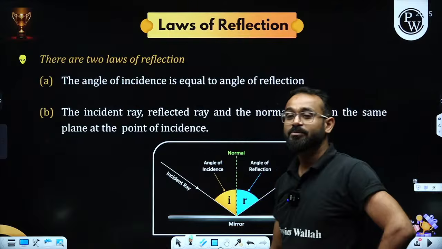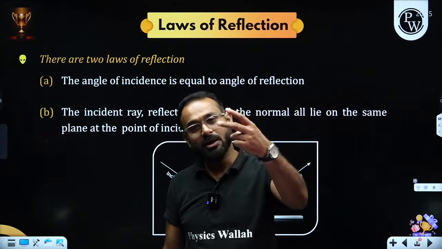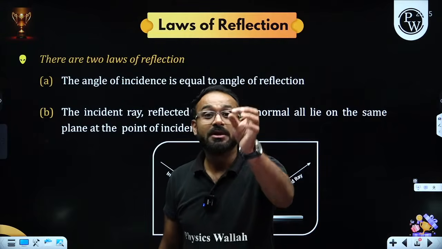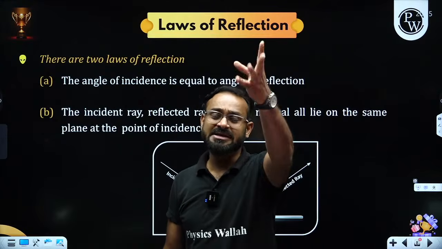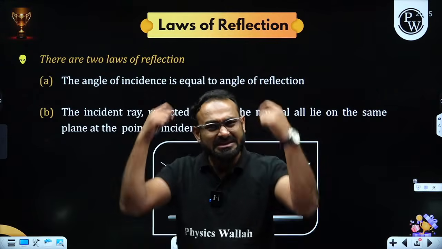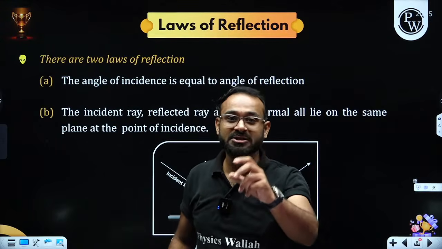What are the laws of reflection? There are two laws. The very first one: the incident ray, reflected ray, and normal all lie on the same plane at the point of incidence. Sir, I am confused about this. What is incident ray? What is reflected ray?